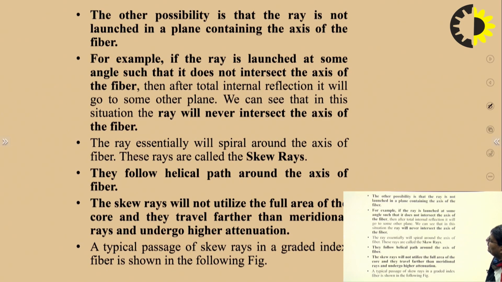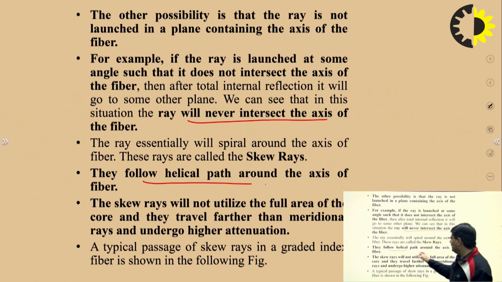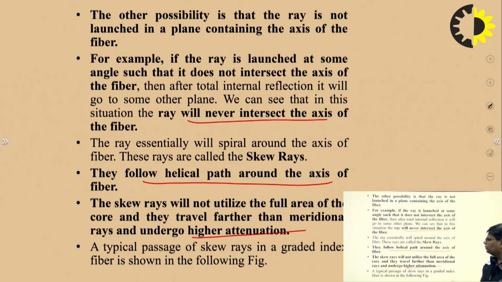These are the various characteristics that I have already discussed. It does not cut or pass through the axis of the fiber. Skew ray follows the helical path. Higher attenuation is observed in the case of skew rays because the number of reflections or intersecting points are more, and comparatively less distance is travelled.